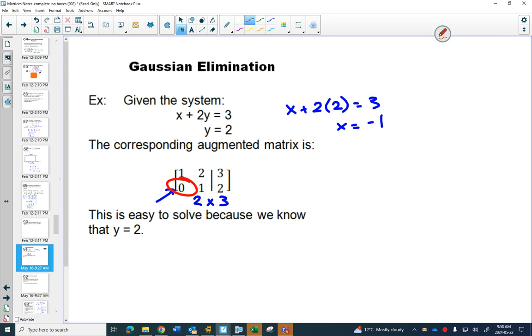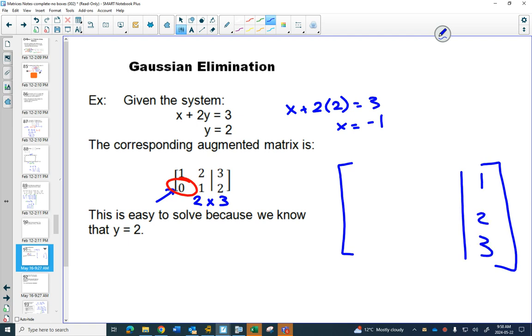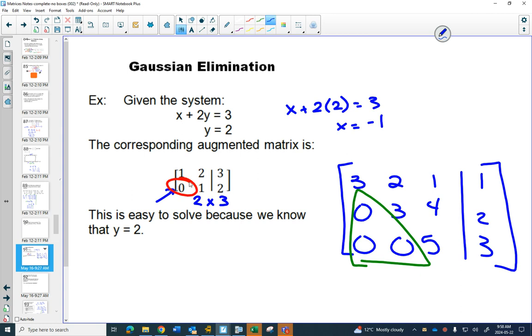So this would be row echelon form for a 2x2 systems of equations. If you had a 3x3 systems of equations, let's say this was my augmented matrix, I would want to get three zeros to have zeros in the bottom left-hand corner.